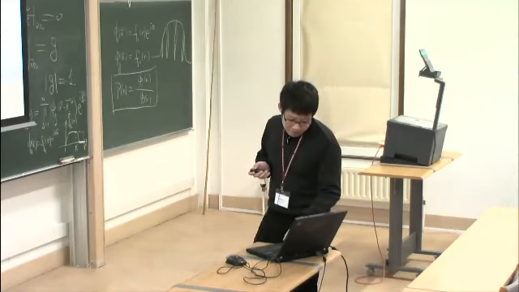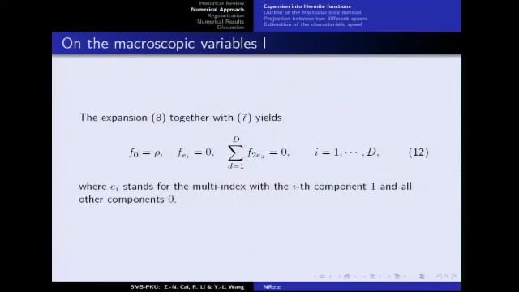With this expansion, the starting moments are: f0 is the density, and since we expand at the mean velocity, this moment is 0, and the expansion is scaled by the dimensionless temperature, and then we have this relation.